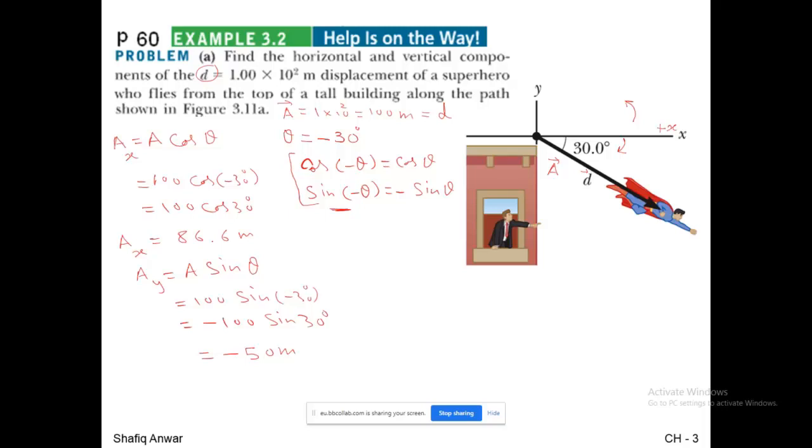If you keep in mind the vector addition rule, what is that rule? This is your x component, which is going in the positive x direction, and the y component is going down, which is along the negative y axis, so it should be negative. That's the reason you have the y component here as minus.